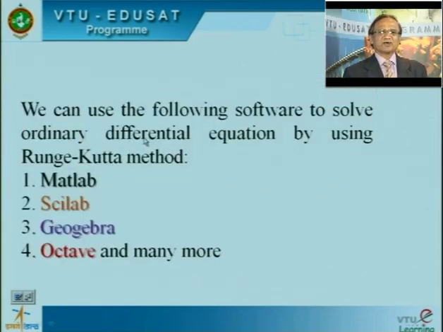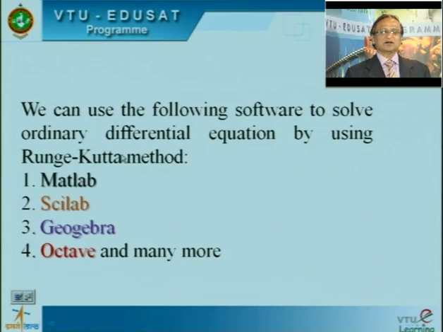So, how do we obtain all those values? Mathematically we can obtain either one set of values or two sets or three sets of values. Suppose I want to calculate more values, x naught, y naught, x1, y1, x2, y2 and so on up to x20, y20. Mathematically it is very difficult.